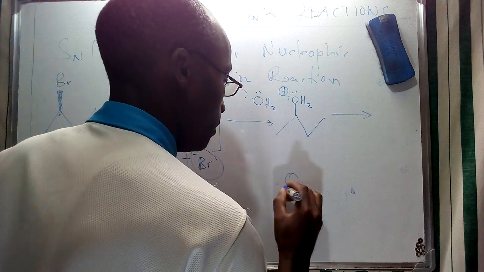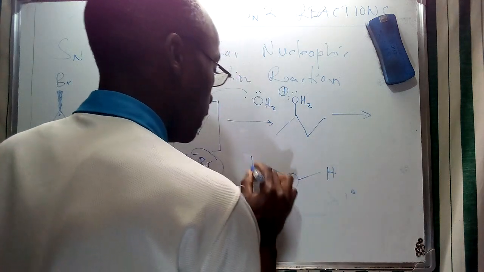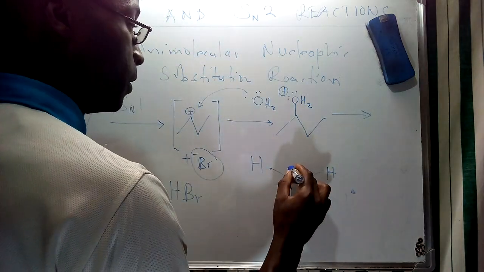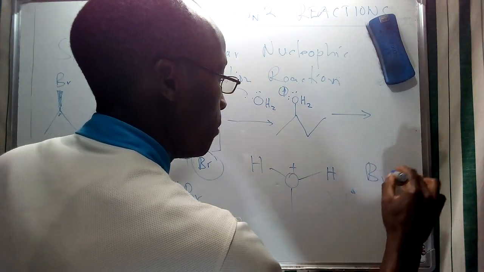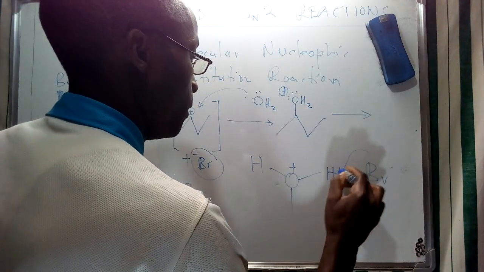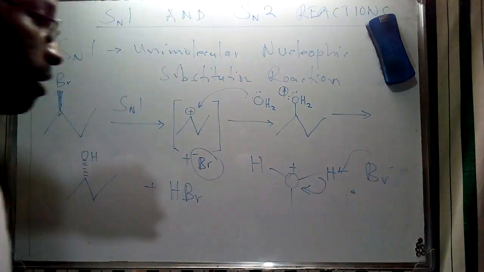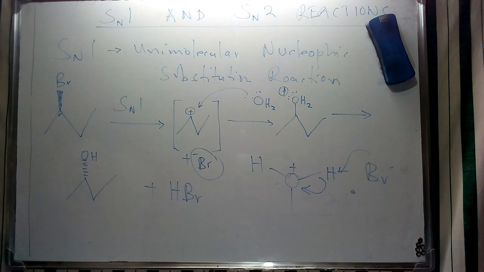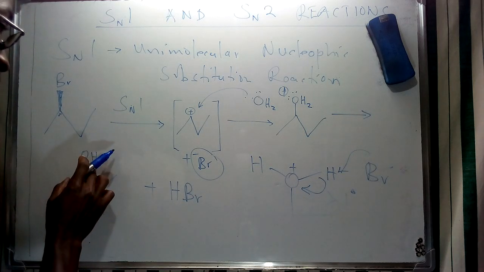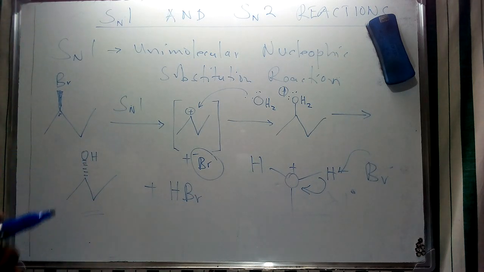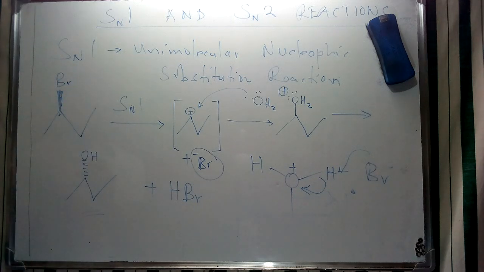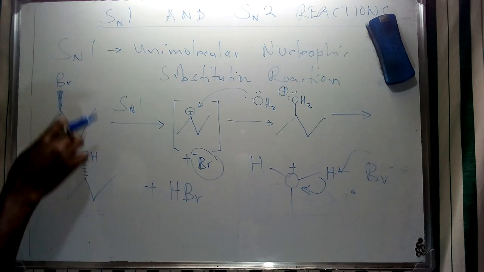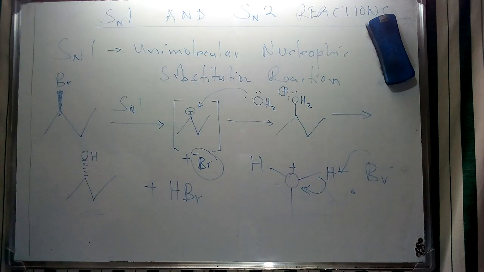Suppose we have this water molecule that is having a positive charge at this specific point, and the bromide is going to pick one of the protons, and this is going to move to this specific point at the O atom in order to restore stability, and this is going to result in the formation of an OH group at this specific point. Of essence is for us to note the chemistry of these 2 specific points, for the starting material and the product that is going to be formed.